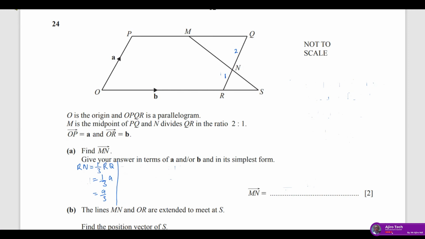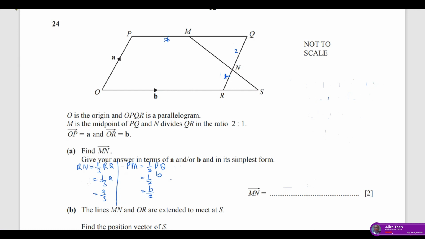Then I know that PM is half of PQ. That is half of B, that is B/2. So I've got this one. This is 1/2. So RN, I've got this one, I've got this one.